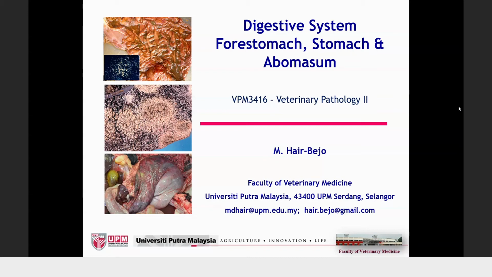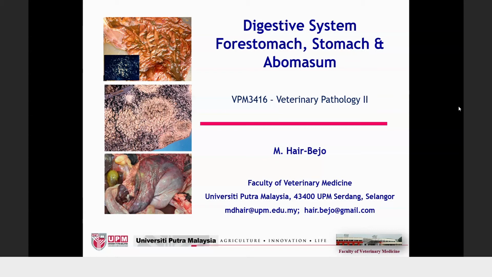So I mentioned earlier, in regard to the stomach, in animals of different species there are different structures. Monogastric animals have only one simple stomach, while polygastric animals have four stomachs, which are the rumen, reticulum, omasum, and abomasum.